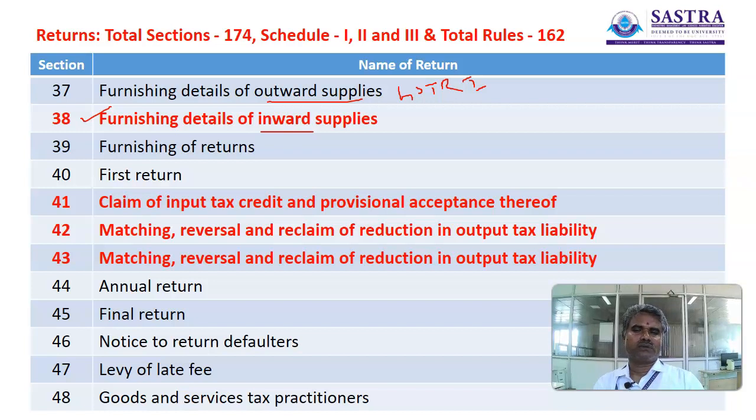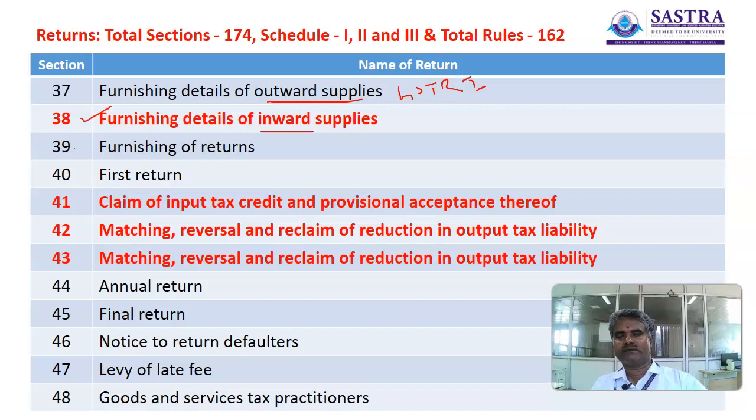So here you have to pay some tax. This is called input tax. Inward tax is nothing but input tax. You can claim this tax against output tax payable in the previous one, section 37.